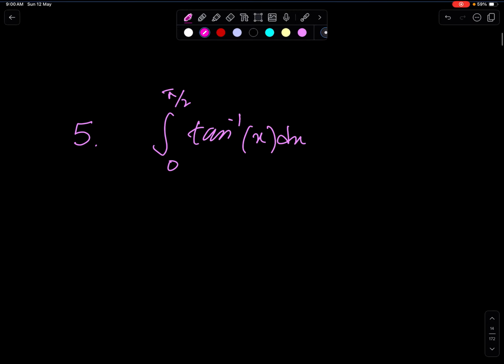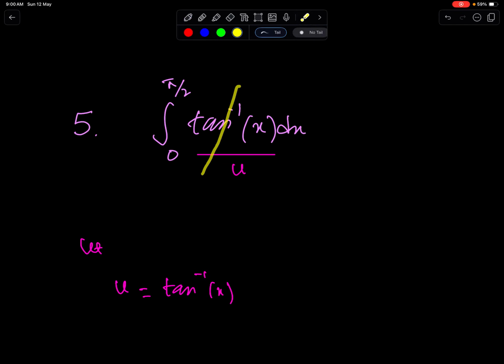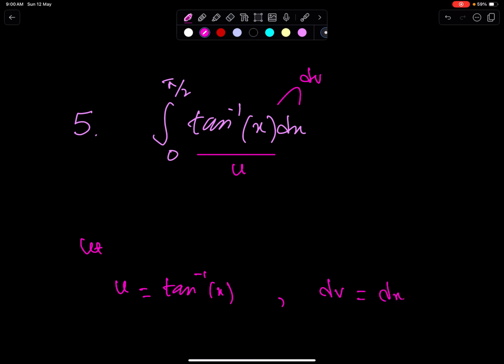In this example, we have only tan inverse. Tan inverse is always u. So everything except u and sign of integral is dv. So this is dv. This is the way to select u and dv.